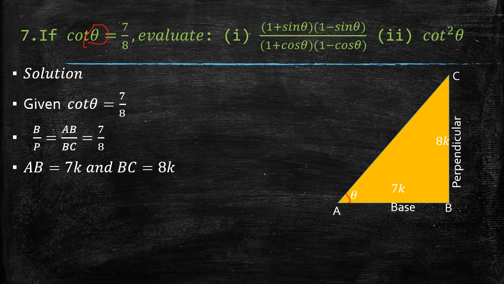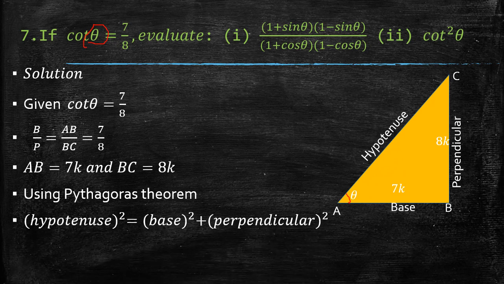Hypotenuse is missing. So in a right angle triangle, all of you know how we will find the hypotenuse. We find it by using the Pythagoras theorem. What is the Pythagoras theorem? Hypotenuse square is equal to base square plus perpendicular square.